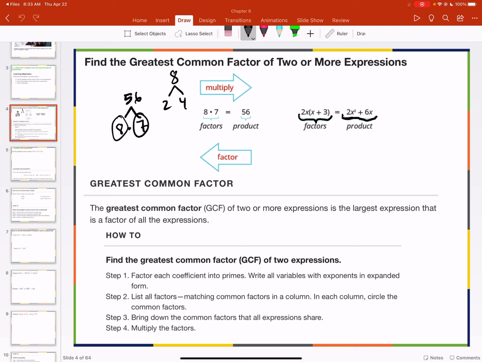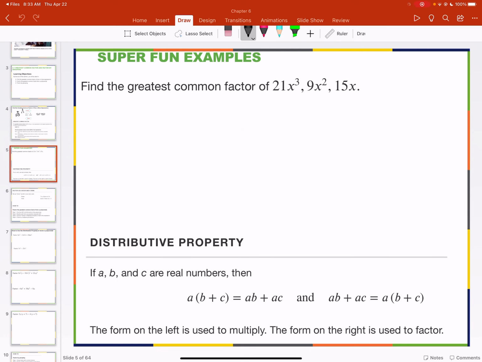Okay, so how can we do that? We can factor into primes, write it all in expanded form, and then connect them. So let's say we want the factors of 21x cubed, 9x squared, and 15x. So 21 times x cubed. 21 is 3 and 7.